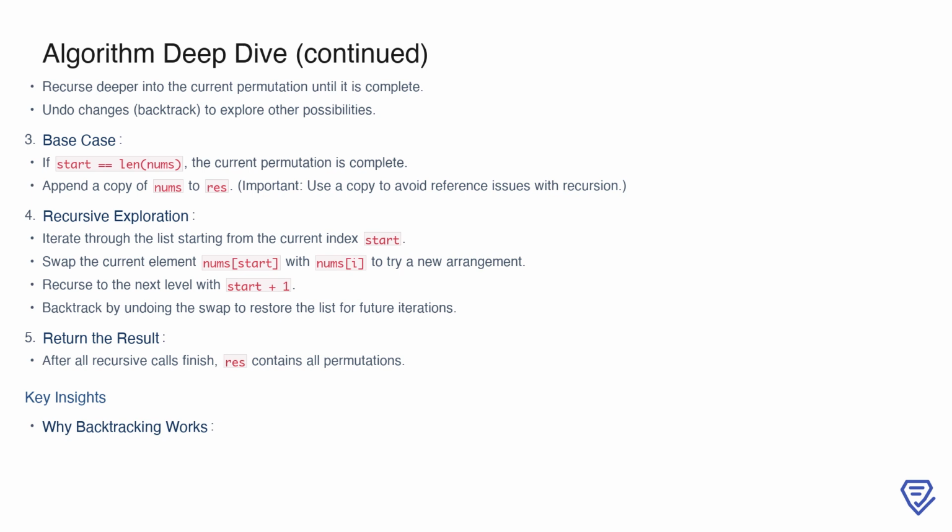After swapping, we recursively call the function with the next index, start plus 1, to continue building the permutation. Once the recursion finishes for a particular branch, we backtrack by undoing the swap, restoring the original state of the list to explore other possibilities. Finally, once all recursive calls complete, the result list contains all valid permutations of the input.